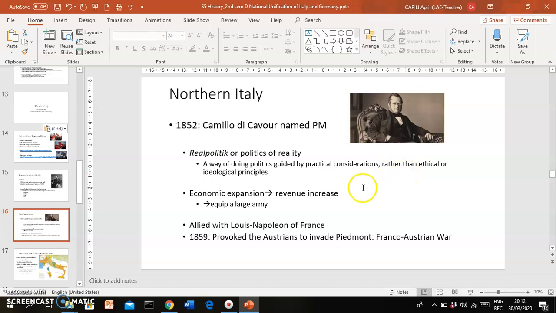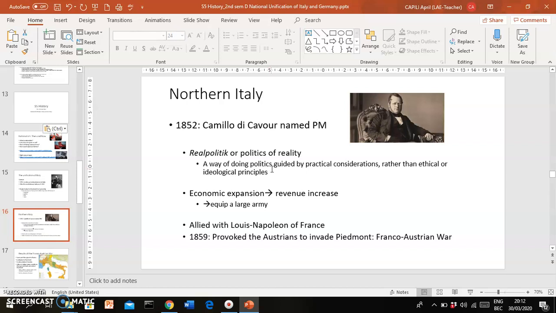What does that mean? If you practiced realpolitik, that means that if you had something that you wanted to achieve, you wouldn't ask yourself whether this course of action or that course of action was good or bad, or whether they were consistent with your own principles, with your own beliefs.